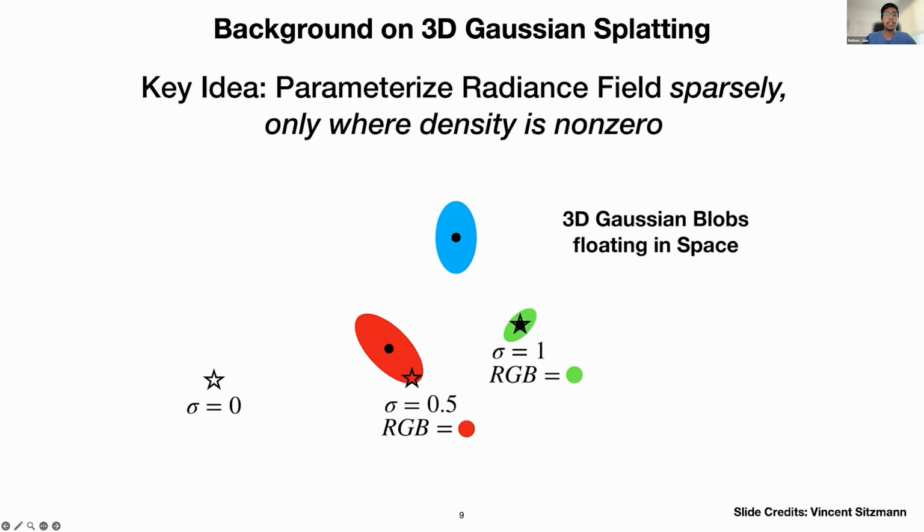By parameterizing the radiance field only where it is present, we avoid wasting effort on empty space. One good thing about 3D Gaussians is that it's a volumetric representation, which is particularly well suited to our problem because it can model both the surface and the smoke part of the scene really well.